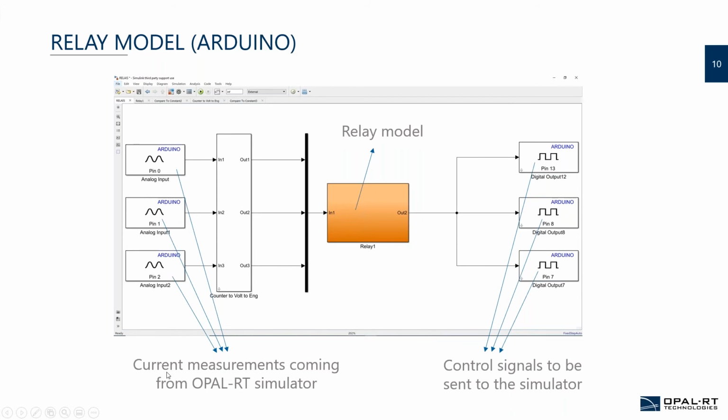These are the current measurements coming from the OPAL-RT simulator. Then I have my relay model, and I will show you in detail what is inside this block. And then I will send my command, my digital output. These are the control signals to be sent to the simulator.